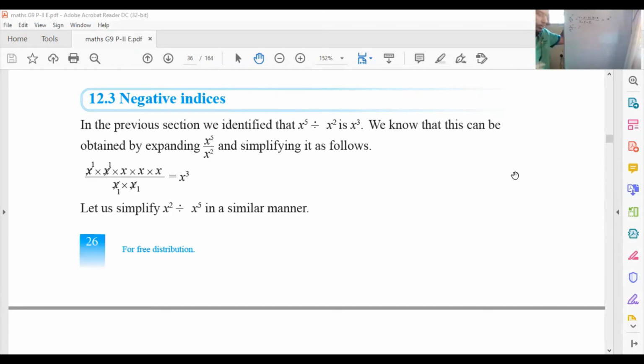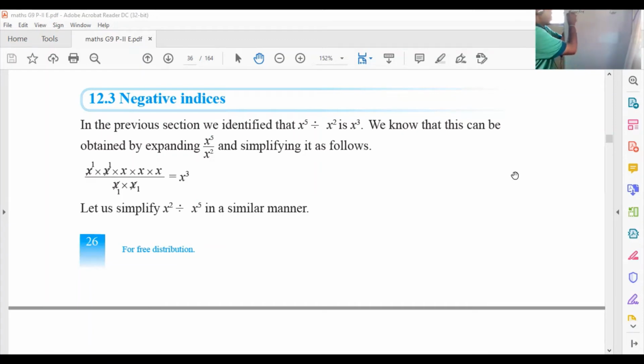Let's see what happened. If I take x to the power 2 upon x to the power 5, to find the solution I will use the expanding method and the law of indices.